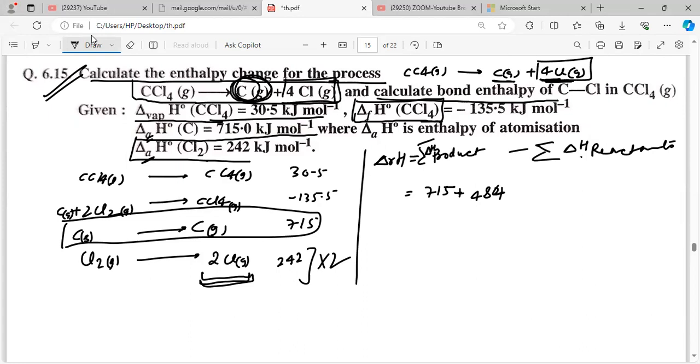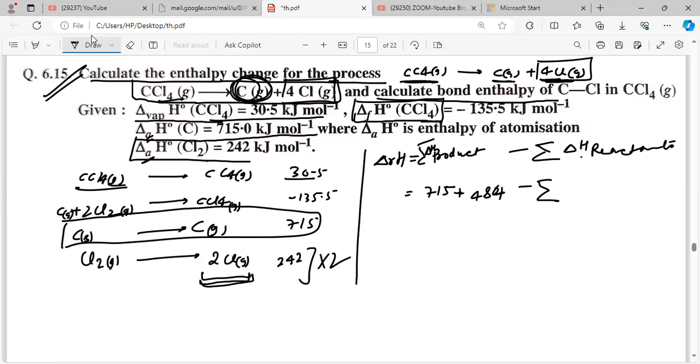So this is the product minus summation of the reactant. What is the reactant? Firstly it is liquid and then it is gas, both states are there. Gas is okay, but liquid we also need to use now. So here is CCl4 liquid.